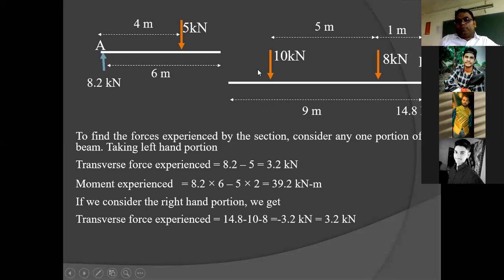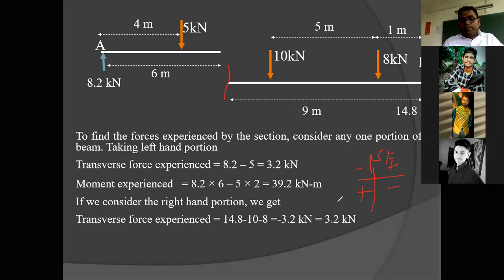Now see, come here, I have taken this section. In respect of this section, if you remember, dear students, this is positive, this is negative, this is positive, and this is negative for the shear force. So just tell me, this must be how much?